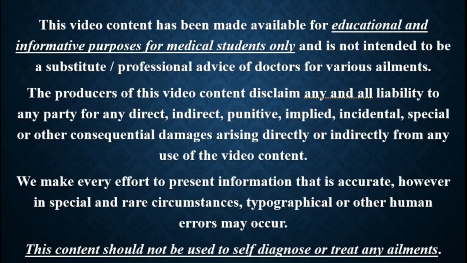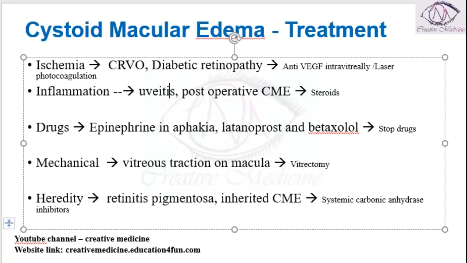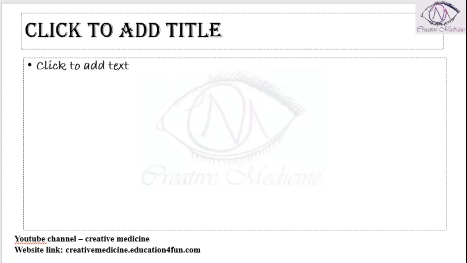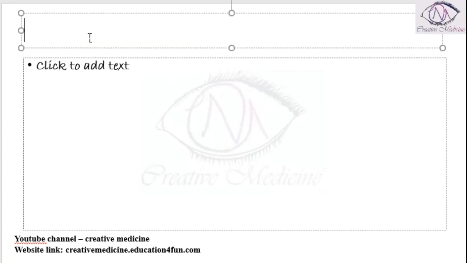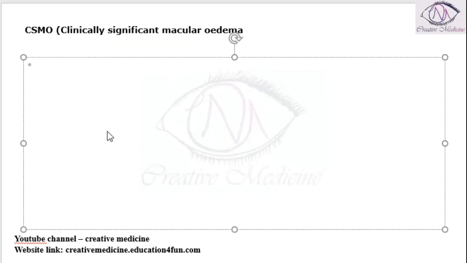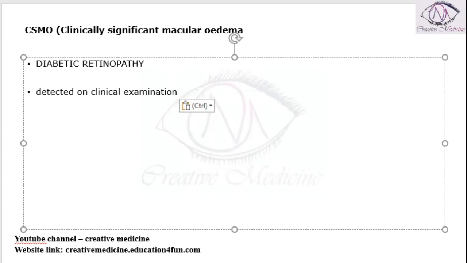In this lecture, we will learn about clinically significant macular edema. This clinically significant macular edema is a part of diabetic retinopathy which is detected on the clinical examination, and it is defined by the Early Treatment of Diabetic Retinopathy Study, ETDRS.